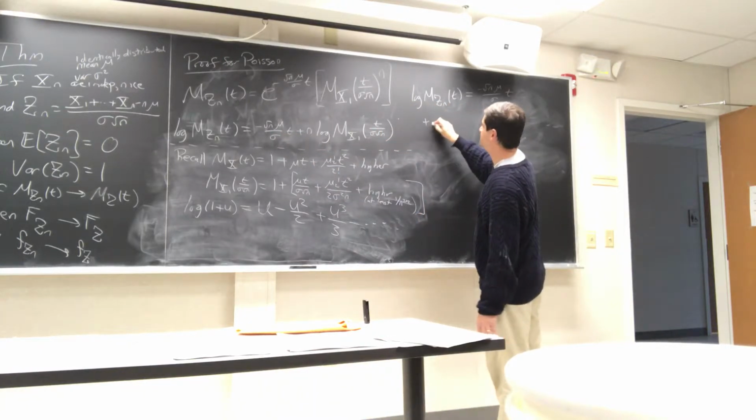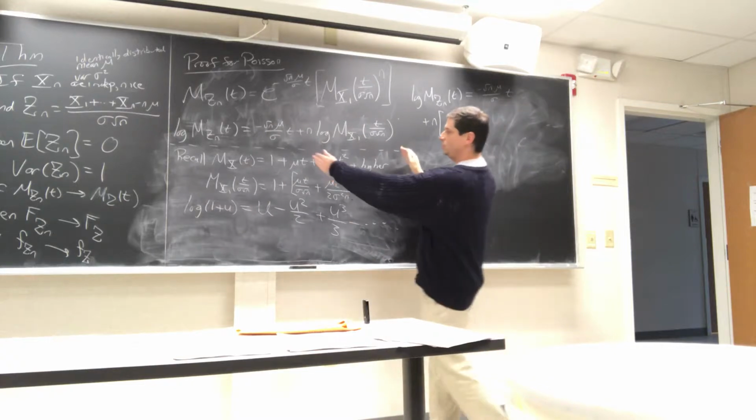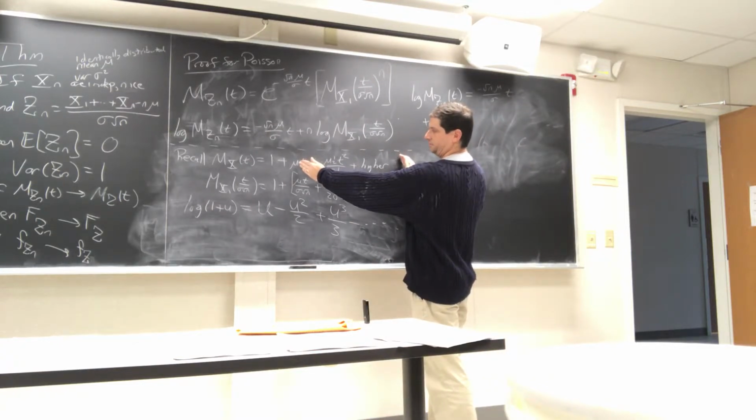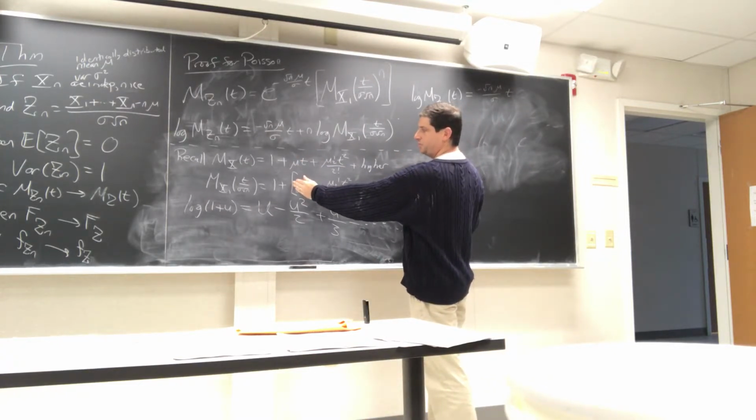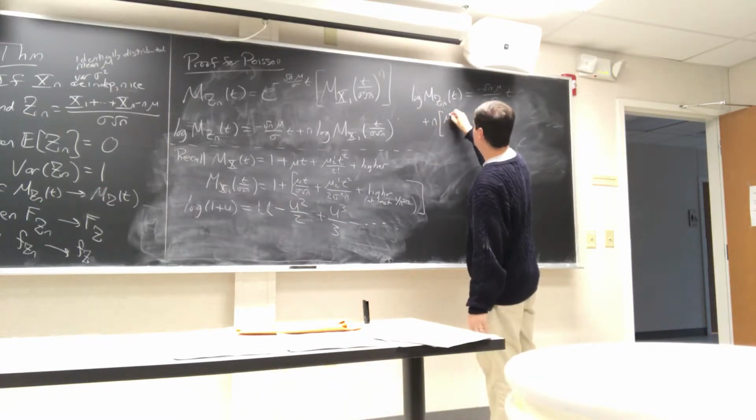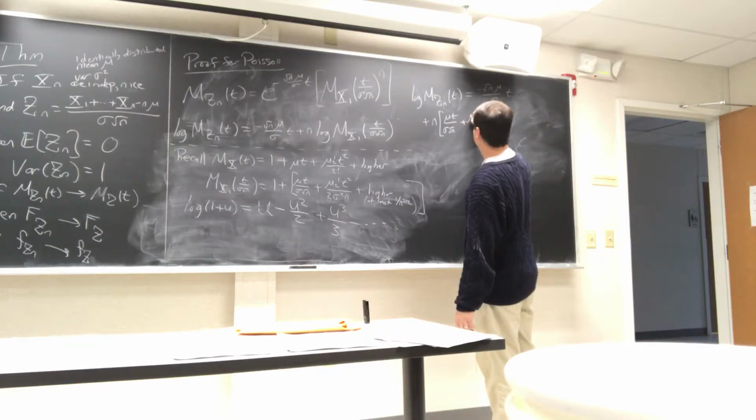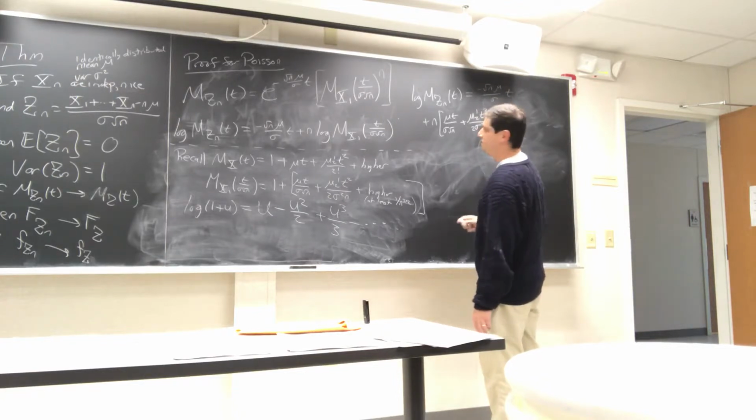Now we have plus n times this expression over here. So this is my u. I get that in. So I get a mu t over sigma square root of n plus mu 2 prime t squared over 2 sigma squared n plus other stuff.